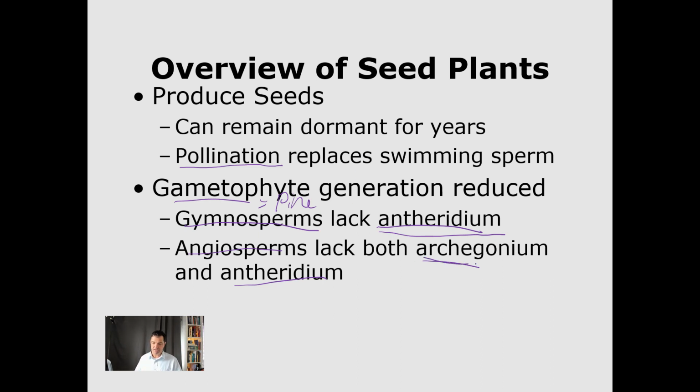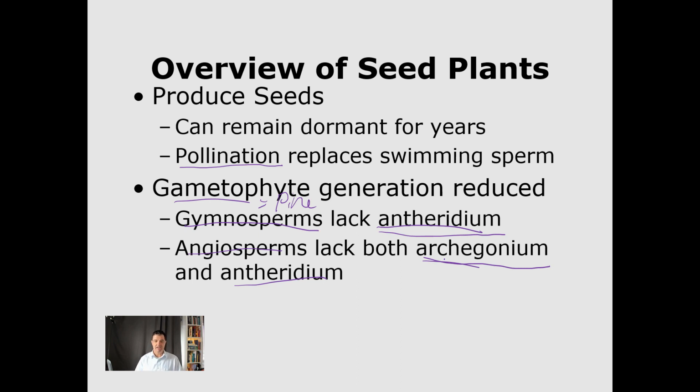Now, this can be a little bit confusing, so let me point out that when we talk about the antheridium and the archegonium, remember those are the cells that produce the sperm and the eggs, but they're also the protective structures around those. So it's not just the sperm and the egg, but things like paraphyses that also protect those cells.